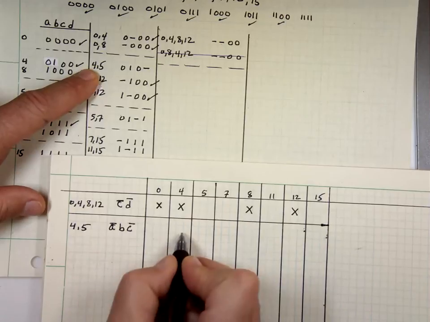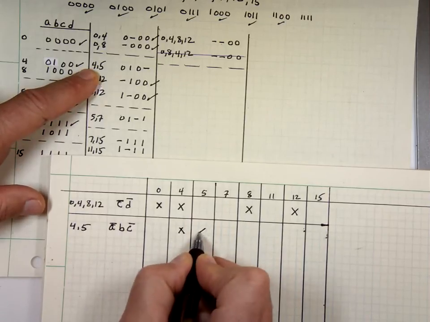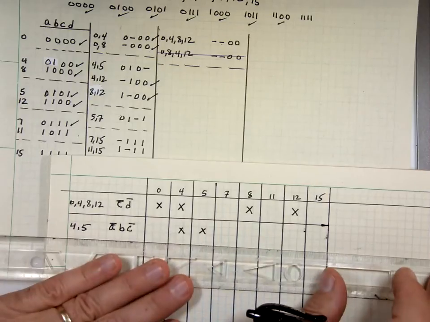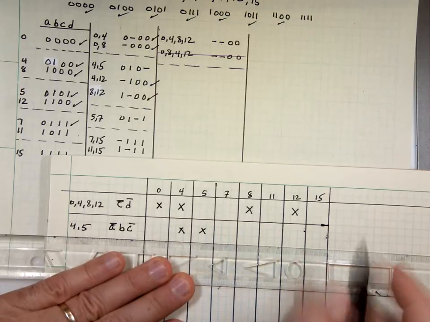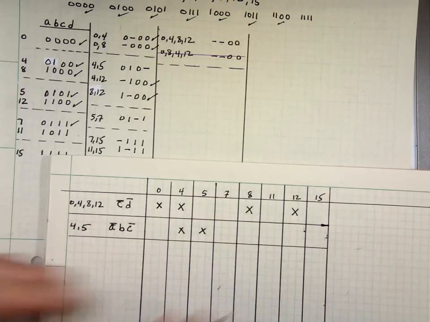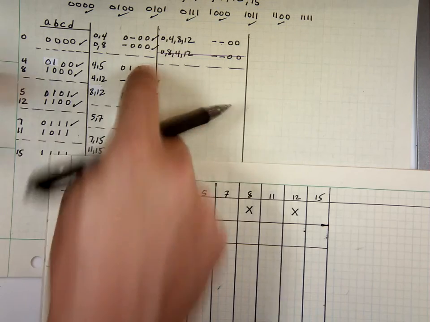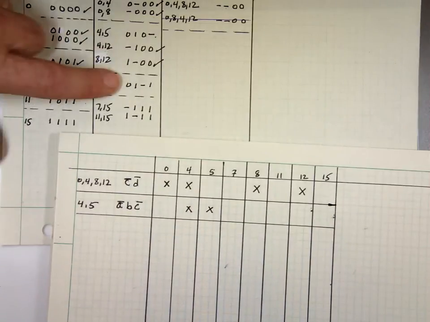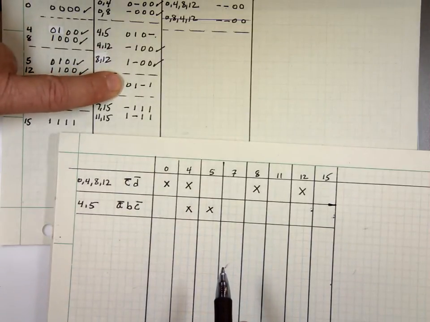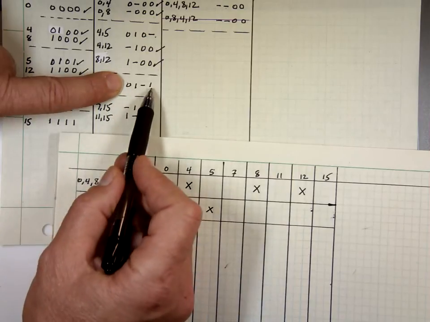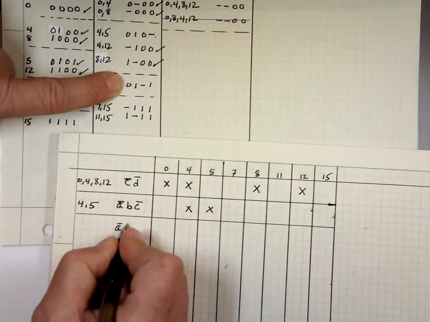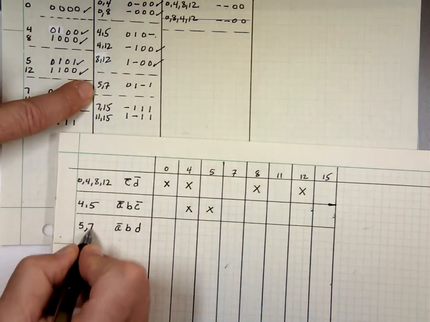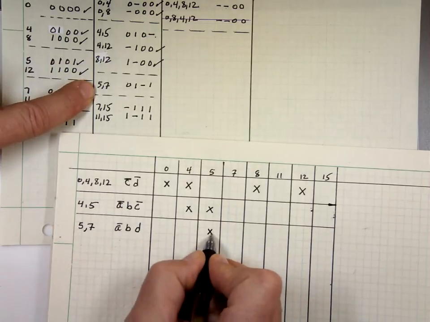Let's go to 4, put an X. Let's go to 5, put an X. So I cover this, check mark, check mark, check mark, check mark. I took care of this. I get 3 more on the bottom right here. This is what? A naught, B, and D, right? And this one covers what? 5 and 7? Let's go to 5. And let's go to 7.